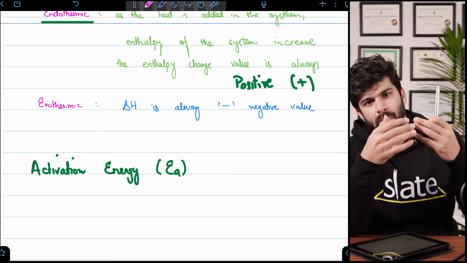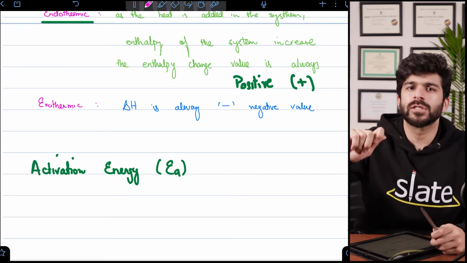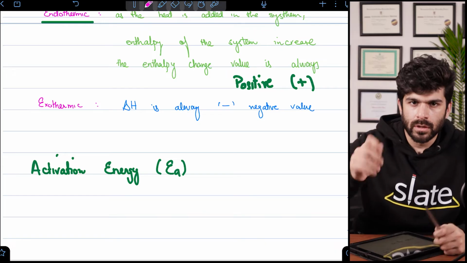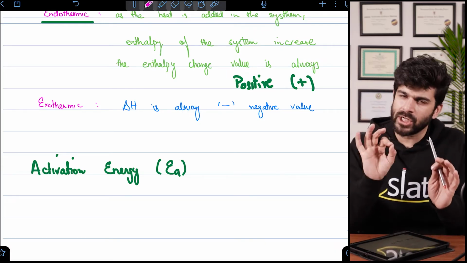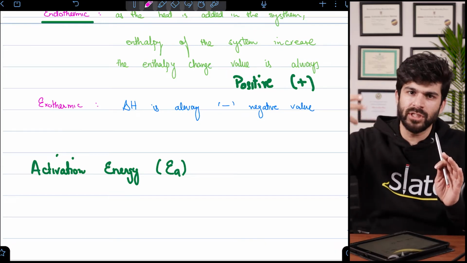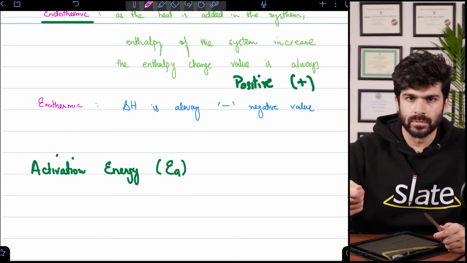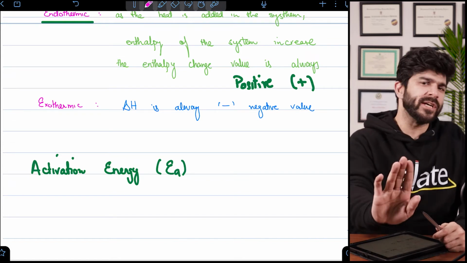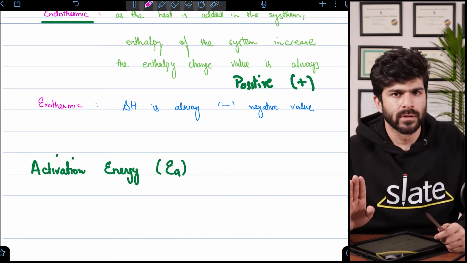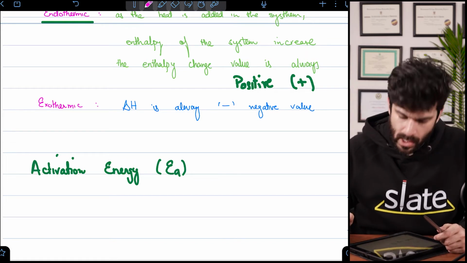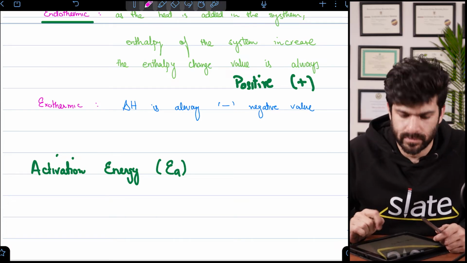We don't keep it burning throughout. We just spark ignition so that we just give it a particular energy to start. When the engine starts, we just give it a particular energy by giving it ignition. So we've just activated the engine and the car will start moving using minimum fuel. That's what activation energy is.